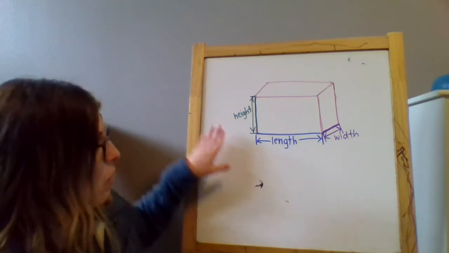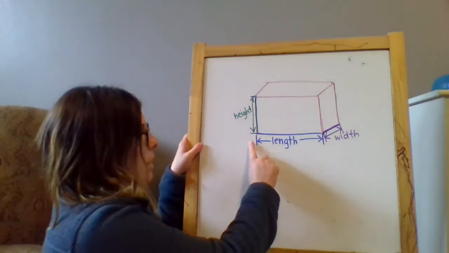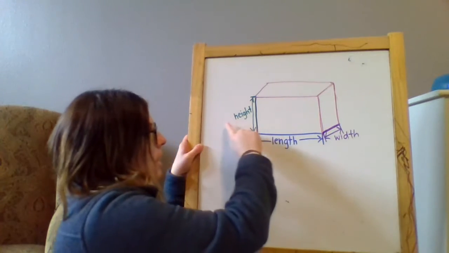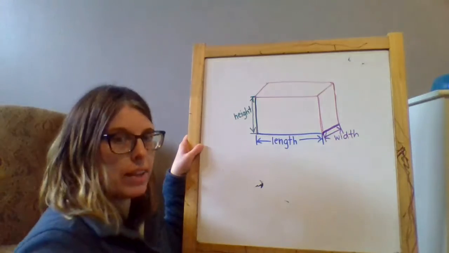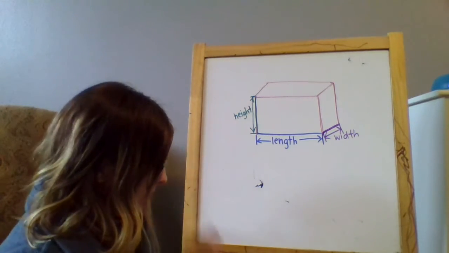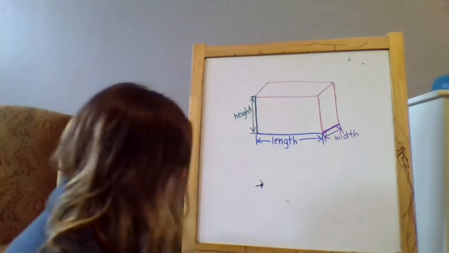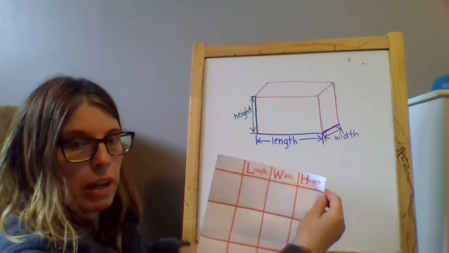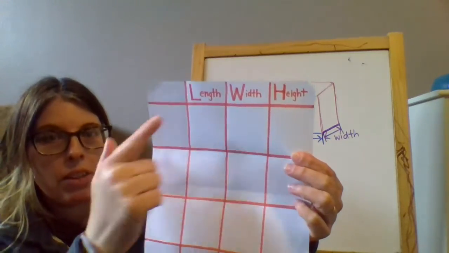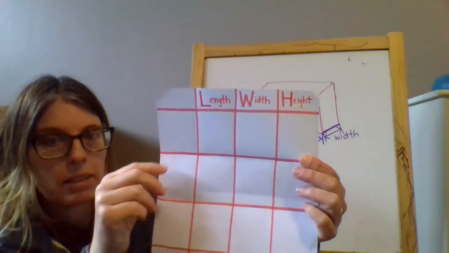So here I drew a picture up here of a box. You can see length, how long it is, width, how wide it is, height, how tall it is. We'll be measuring that for the boxes that you find today. So to record our measurements, we're going to create a paper that looks like this with length, width, height.